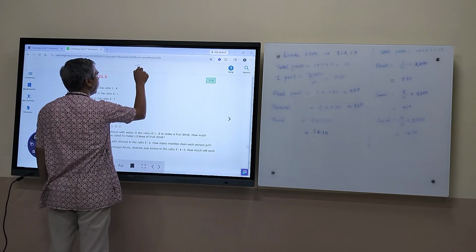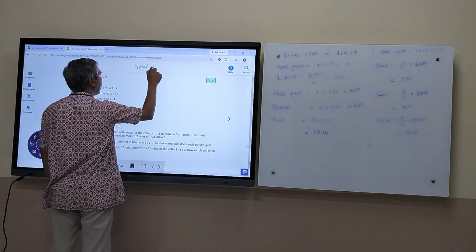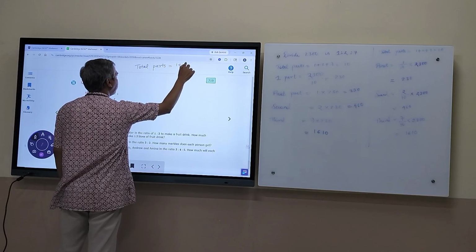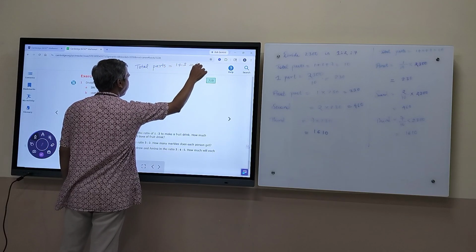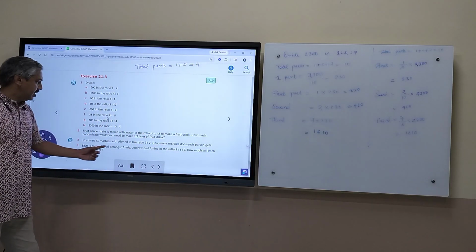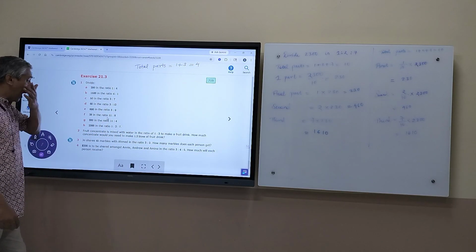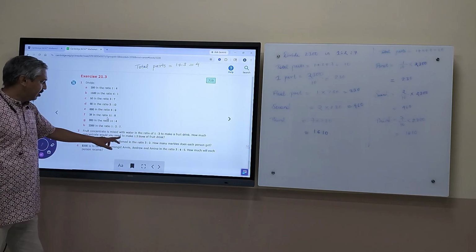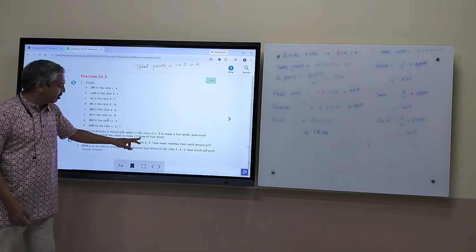So the total parts is equal to 1 plus 3, which is equal to 4 parts. This is the addition of 1 and 3. And then, how much concentrate would you need to make 1.2 liters of fruit drink?